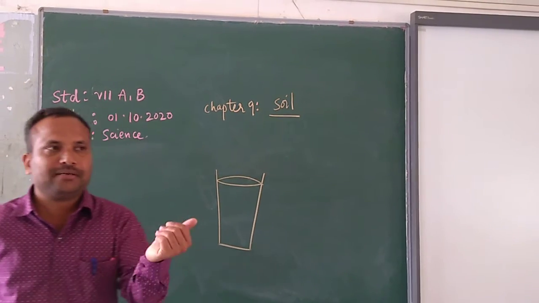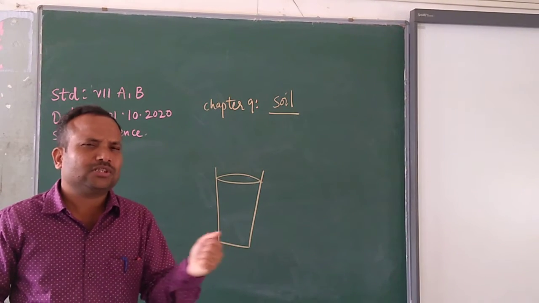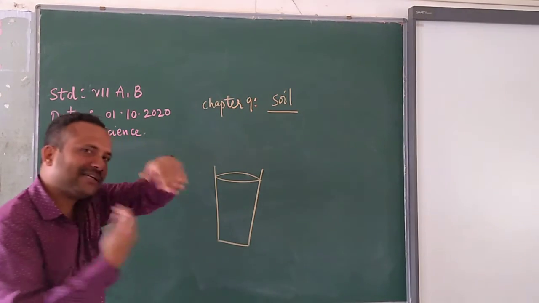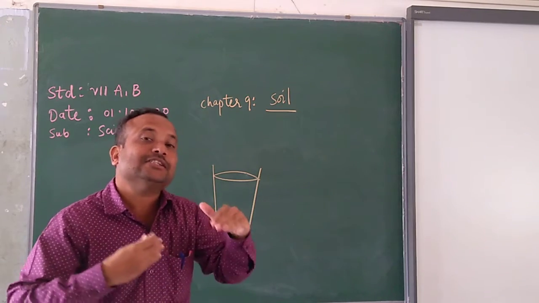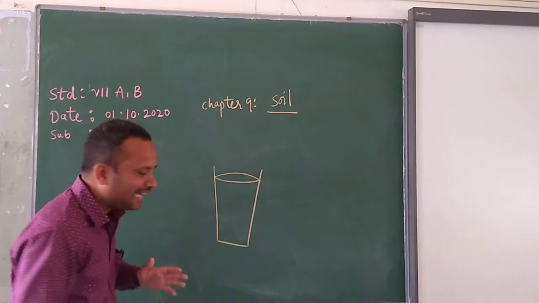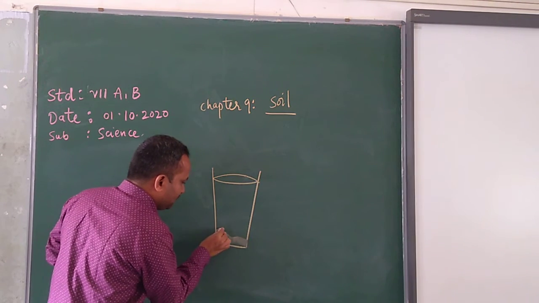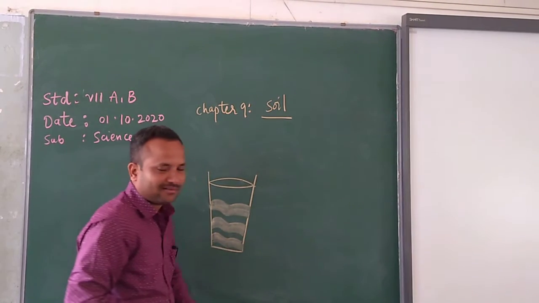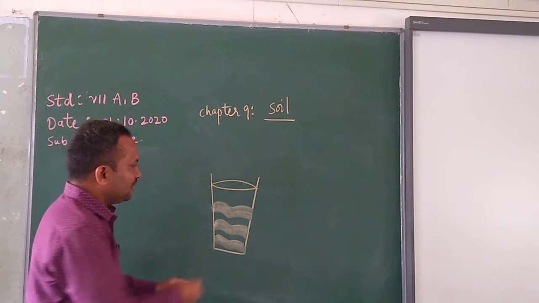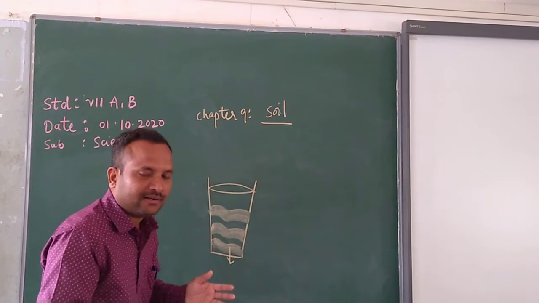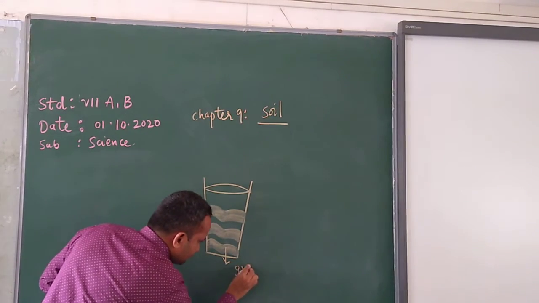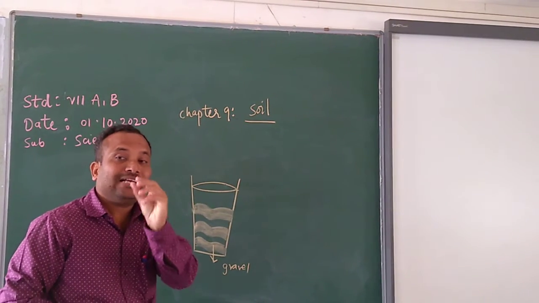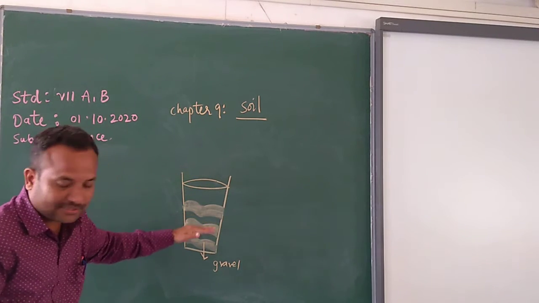To this glass of water, take a handful of any soil and put it in. When this soil gets completely dissolved, we find different layers of soil. Down at the bottom we can find gravel, that is, big soil particles, which settle at the bottom.